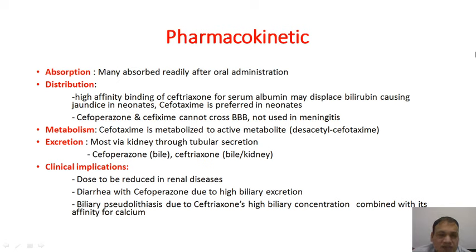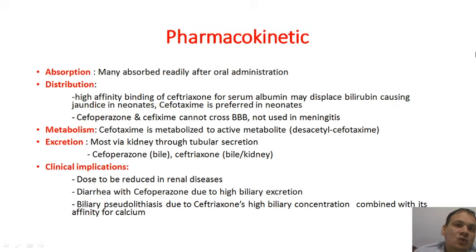As far as excretion is concerned, most of these drugs are excreted by the kidney by tubular secretion, except cefoperazone, which is excreted in the bile, and ceftriaxone, which is partly excreted in bile and partly through your kidney. Okay. Understood? Please remember this.